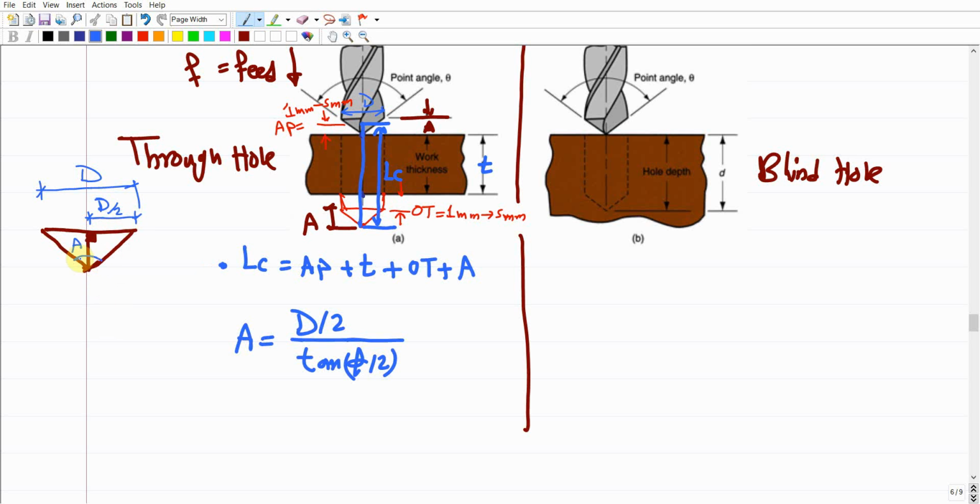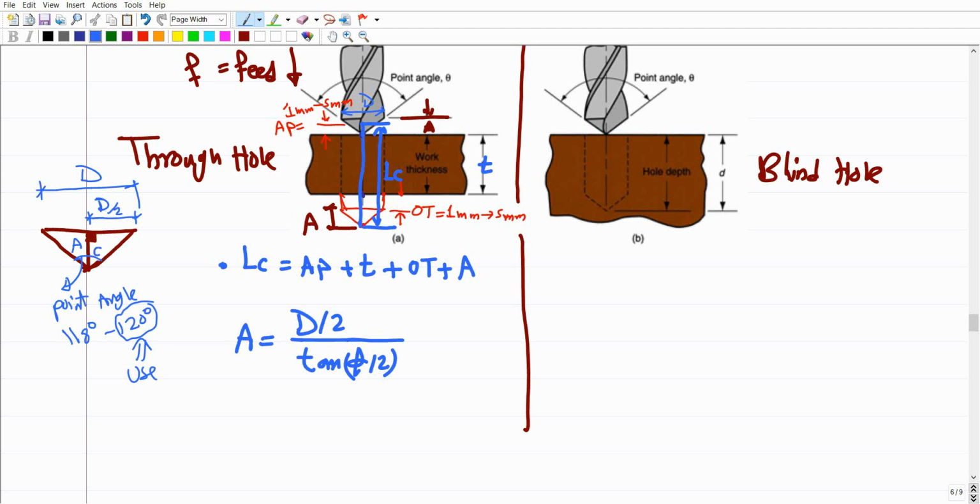How about this angle? This entire angle is known as the point angle of the twisted drill, and for many twisted drills this would be either 118 degrees or 120 degrees, and this is very common. So this point angle, if it is not given, you're going to use this one, use this 120 all the time.